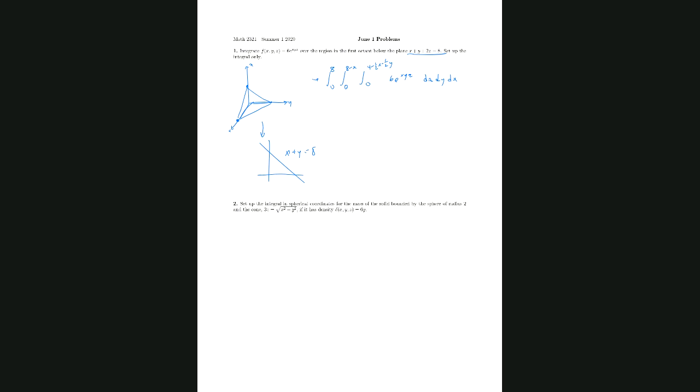So the inner one is, here z equals 0 is the xy plane, and then we just solved for z. As I said, it would have made sense to do x and y before z, because that way you wouldn't have any fractions, but it doesn't really matter.